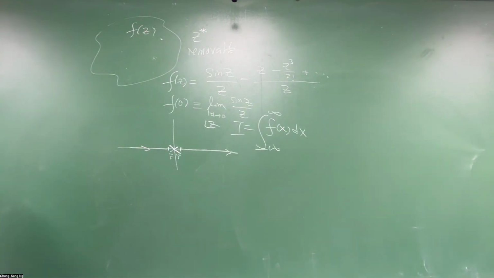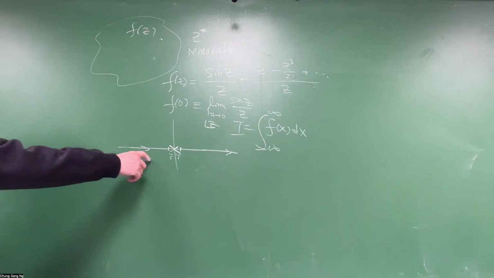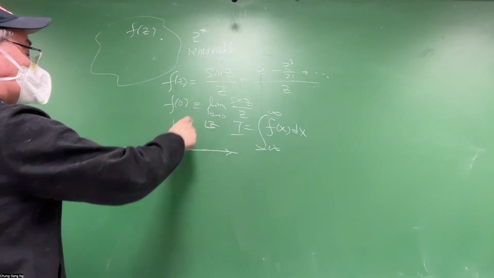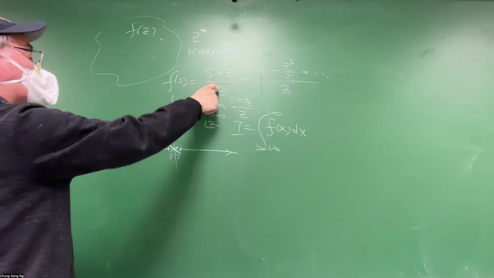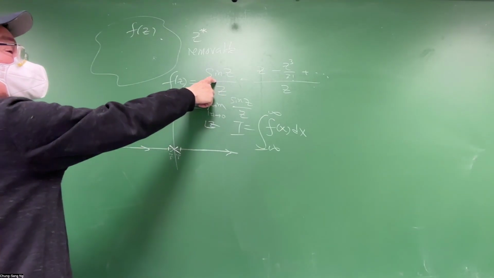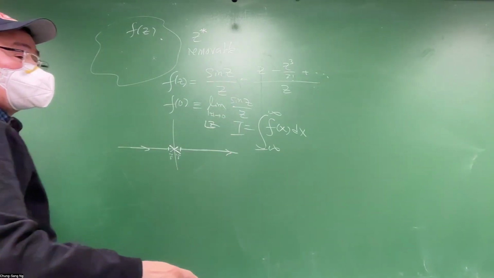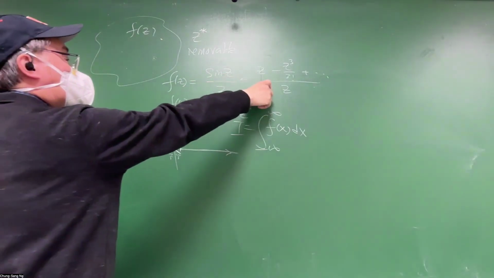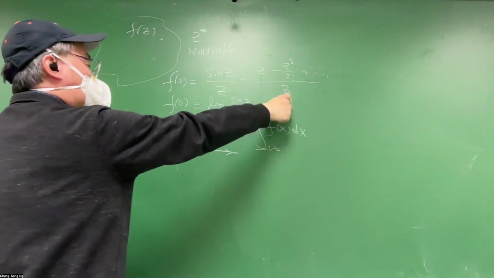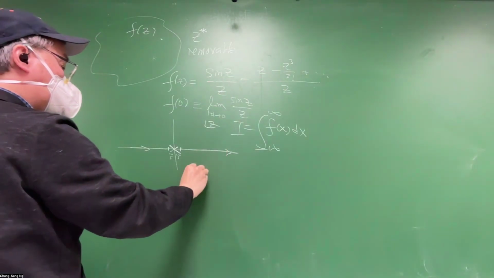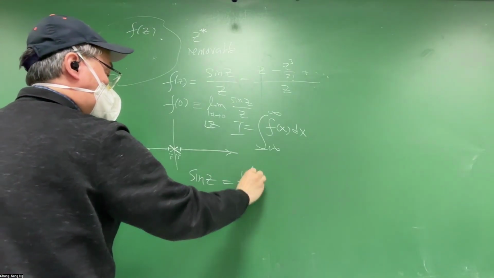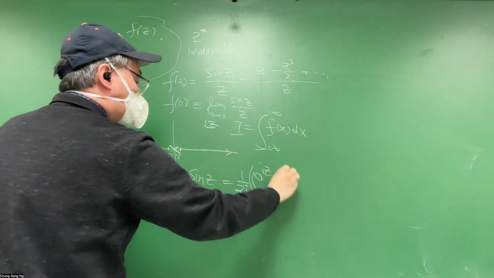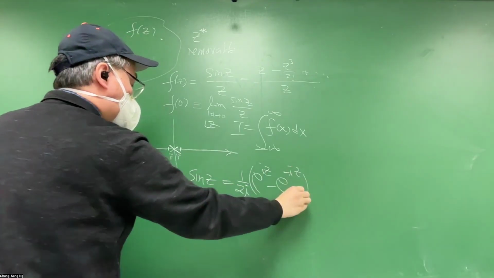And later on, we'll talk about it again. The reason you skip that is sometimes, after you skip that, you want to separate the function into two parts. Now it doesn't have this cancellation like sin z, which is 1 over 2i times (e to the iz minus e to the minus iz).